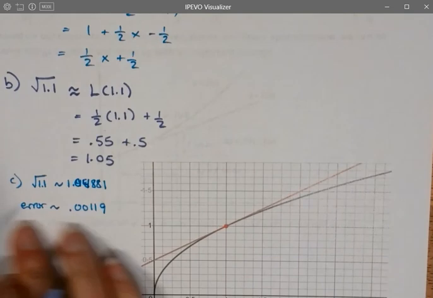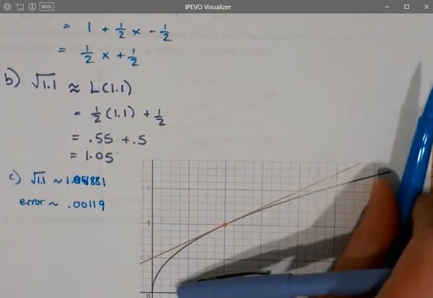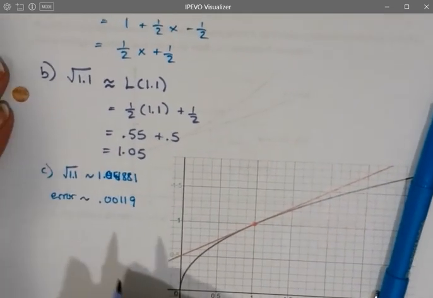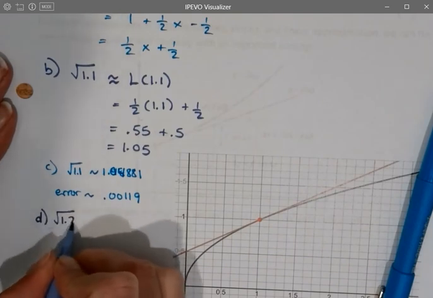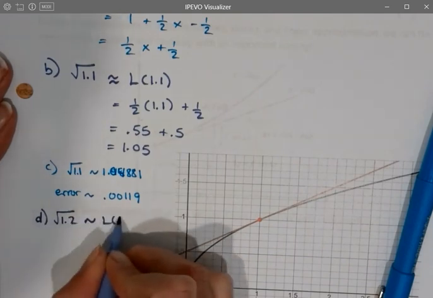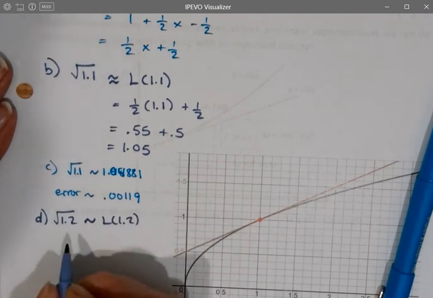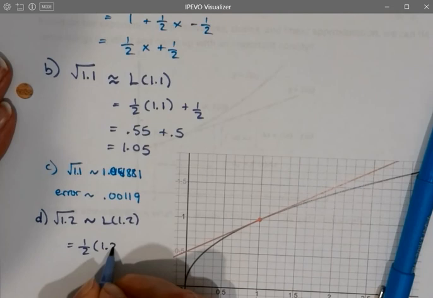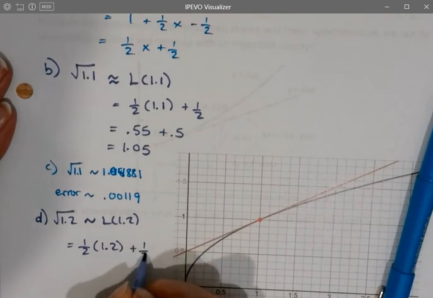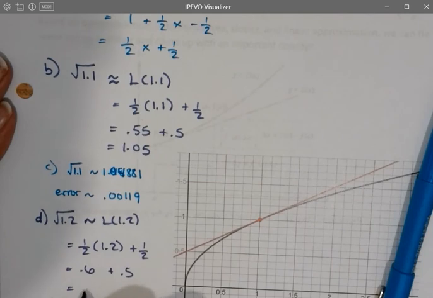All right, now part D is going to ask us how this error would change as we were approximating the square root of 1.2, so we're going to find L of 1.2 instead. So that's 1/2 of 1.2 plus 1/2, so that should be 0.6 plus 0.5. That is 1.1.